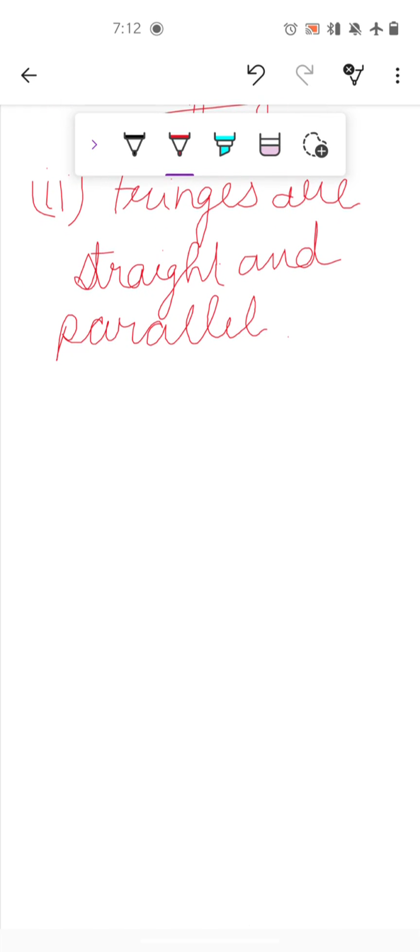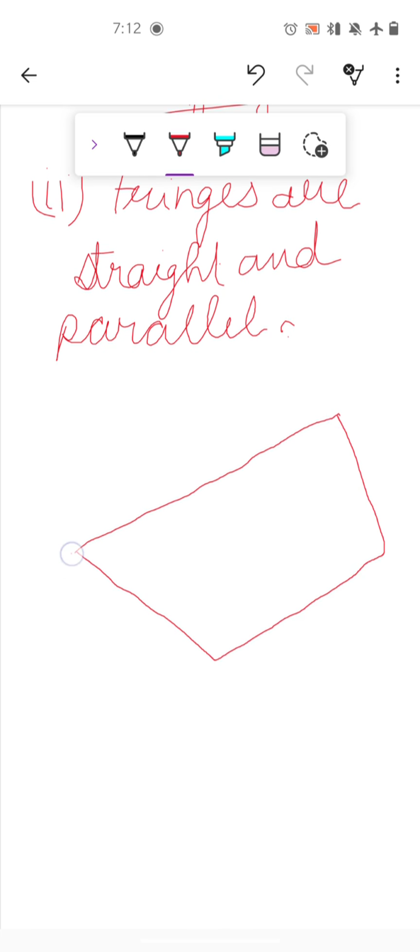This will become the base for the Newton's ring experiment, which we will study next. So see why the fringes are straight and parallel. When we consider this whole thing in 3D, this is the wedge shaped air film in 3D.